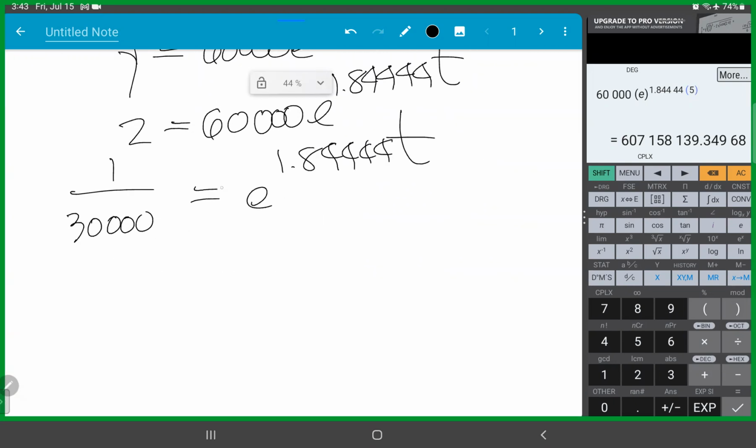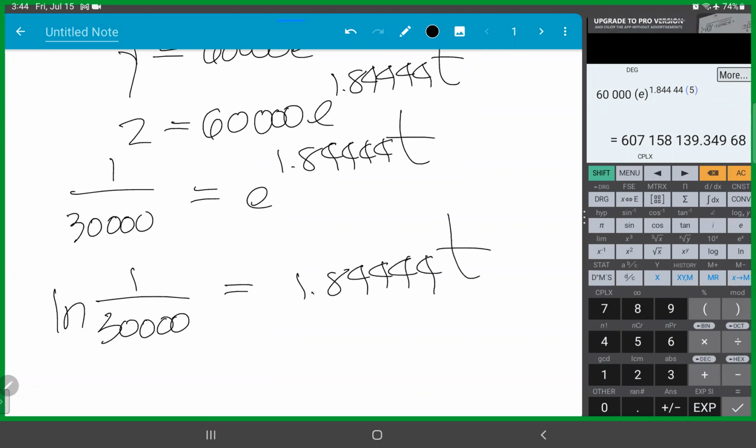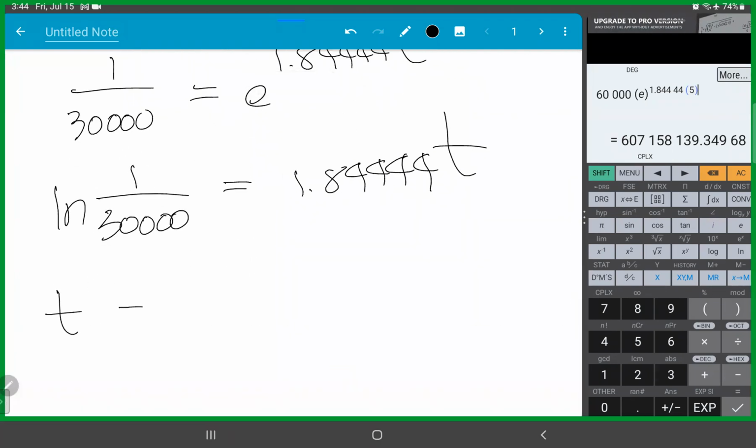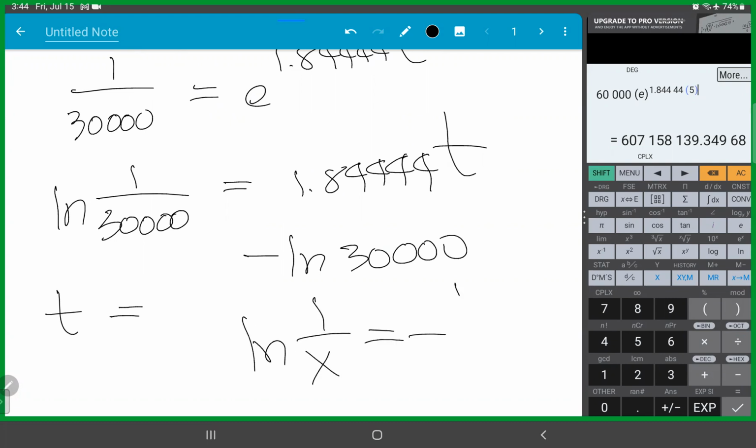Taking the ln, ln and e cancel out, di ba? Pag in-ln ko to, cancel out yan. So let me just write ln 1 over 30,000 equals 1.84444 t. So that we have this. T equals, it's negative in value. Okay. So you can write this as negative ln 30,000.